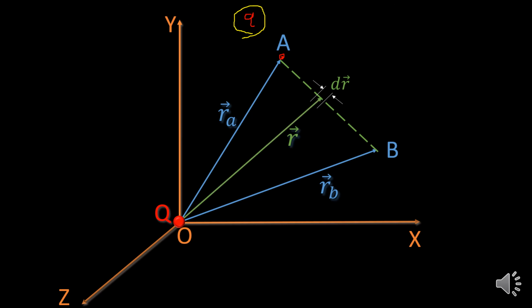So we will not find out W, we will first find out dW. What is dW? dW is the work done to move my charge q in the electric field E through the small distance dr. And then I will integrate it.